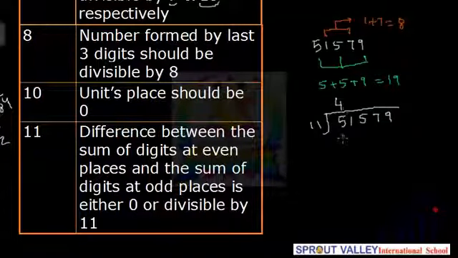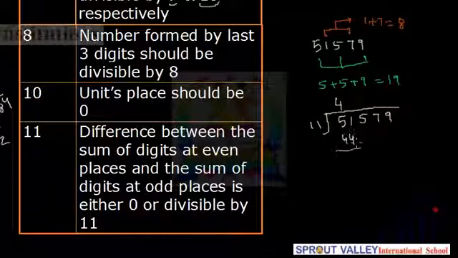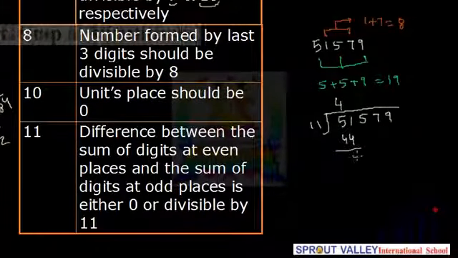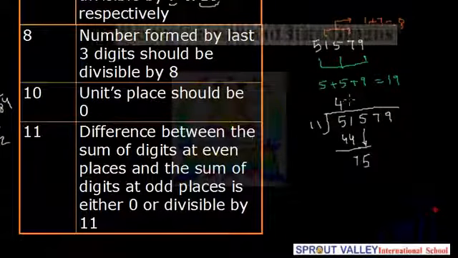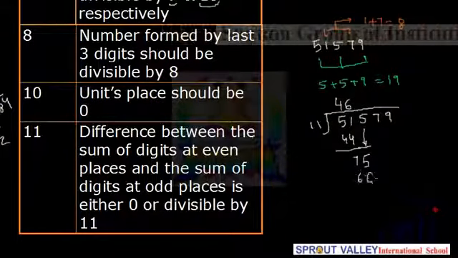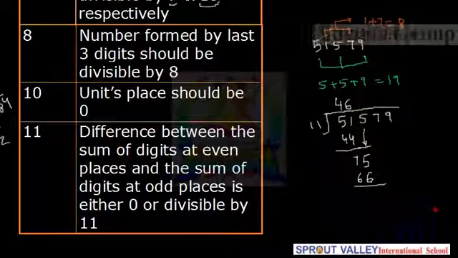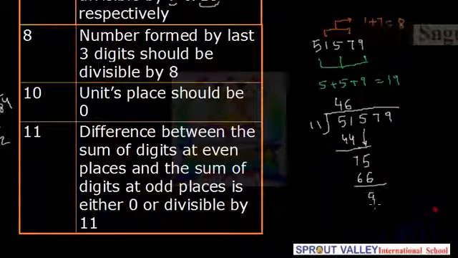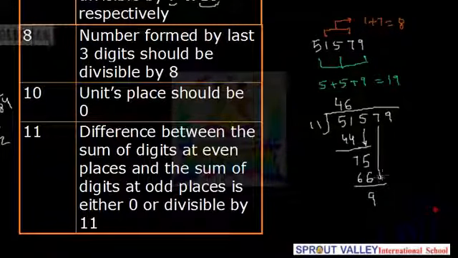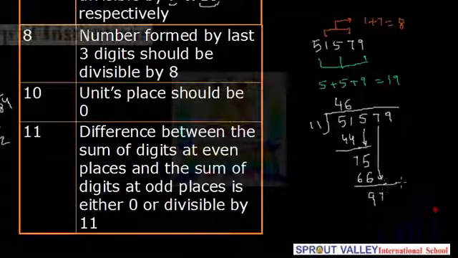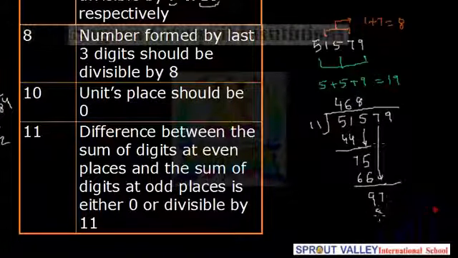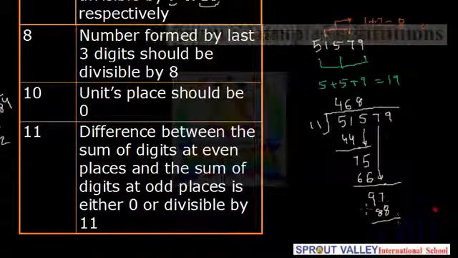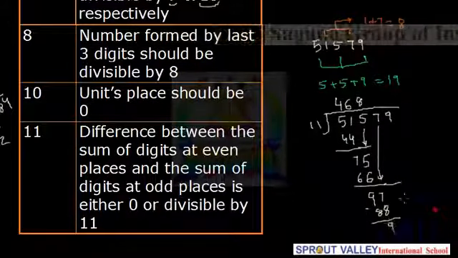So 11 fours are 44. 11 minus 4 gives us 7. And then if I note this 5 down, 11 sixes are 66, right? And 15 minus 6 gives us 9. And now I have to note this 7 down. And 11 eights are 88. 17 minus 8 gives us 9.